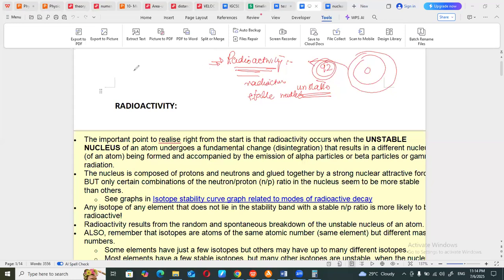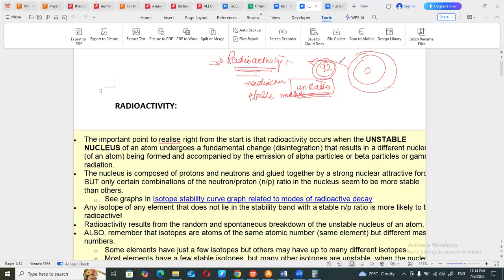So what exactly is happening in that case? Some materials, being radioactive material, do radiate radioactive radiations. Elements having atomic number more than 90 mostly are unstable in nature due to their size.